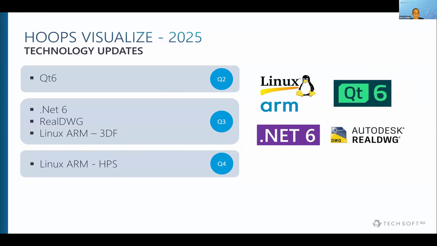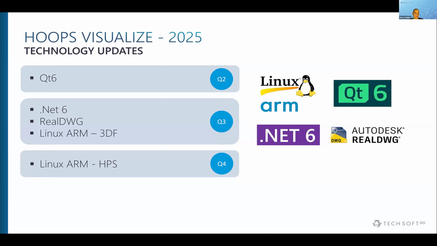Okay, thank you, Gabe. And for technology updates, Visualize couldn't really be different from the other products. So we want to keep being current and performant and keep leading the market for the future. So we need to stay up to date. This year, we plan to upgrade the Qt version. We'll move to Qt 6. The same goes for .NET.